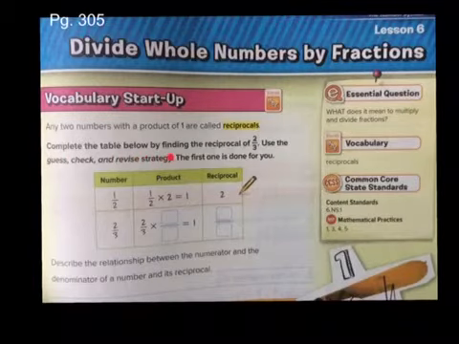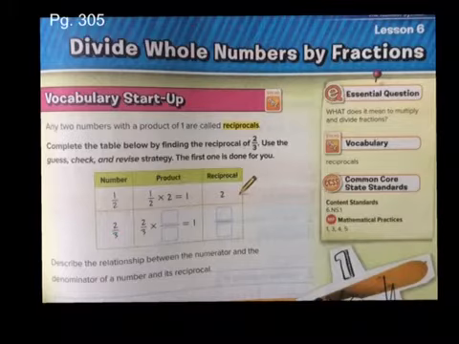Complete the table below by finding the reciprocal of 2/3. Use the guess, check, and revise strategy. The first one has been done for you. So we have a half, and a half times 2 equals 1. Yes, because we put the 2 on the top and the 1 on the bottom. So now we have 2/3. 2/3 times, well, we just did it together, right?